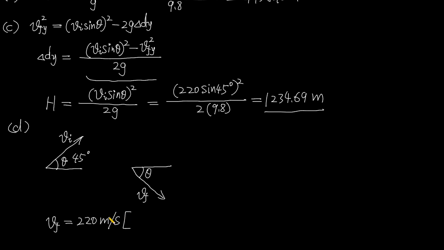So the direction of the final velocity is 45 degrees below the horizontal. Here is also 45 degrees. The direction of the initial velocity is 45 degrees above horizontal. Then the direction of the final velocity is 45 degrees below the horizontal.